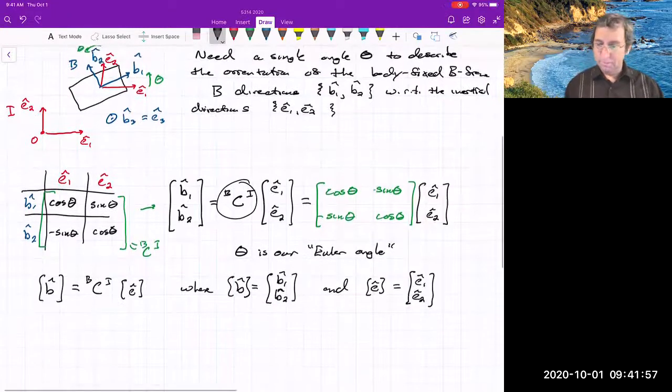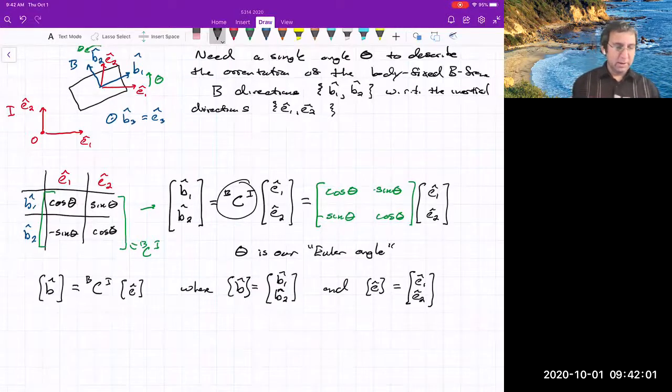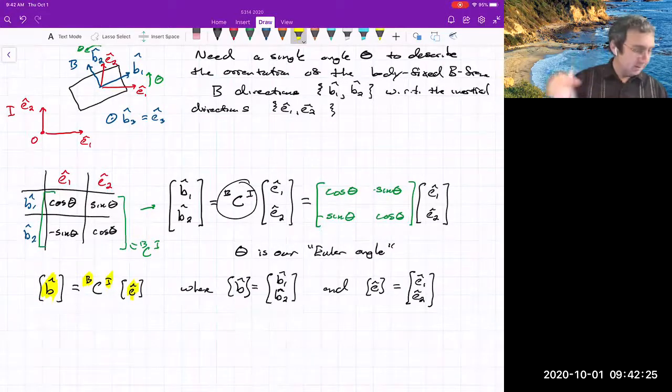Okay, you might ask, what if I wanted to go from one frame to the other? And there's something to notice here, right? In the notation of this C matrix, we've got the B up here, as a superscript on the left, and it's on the same side as the B unit vectors. And then the I frame unit vectors are over here. Yeah, I think you get it.